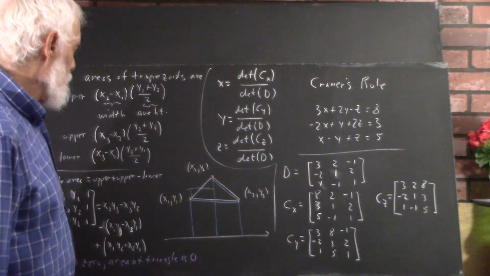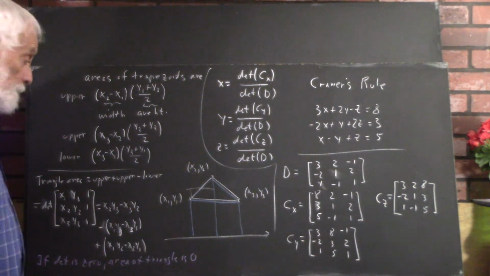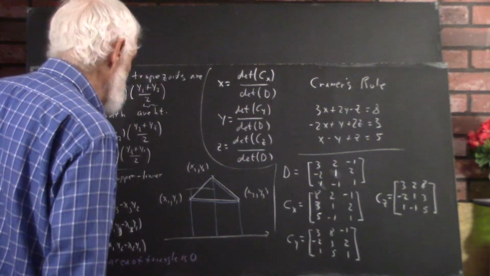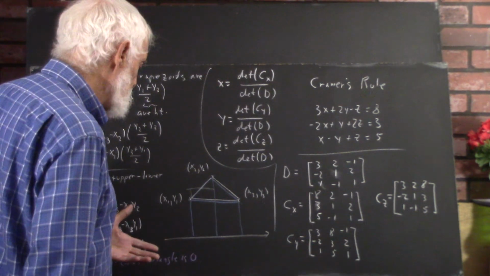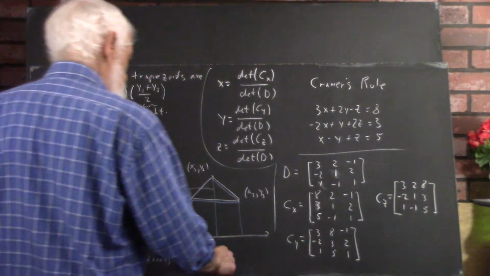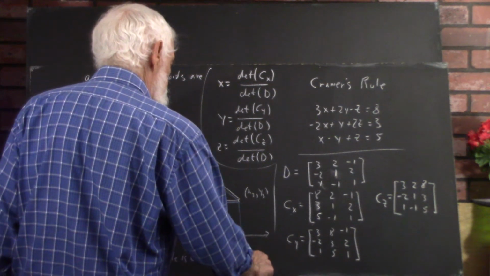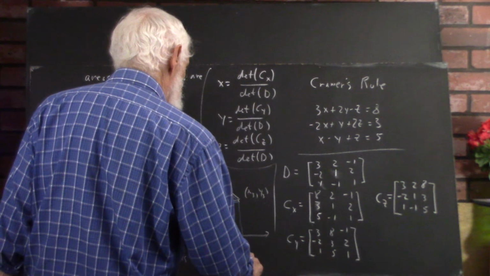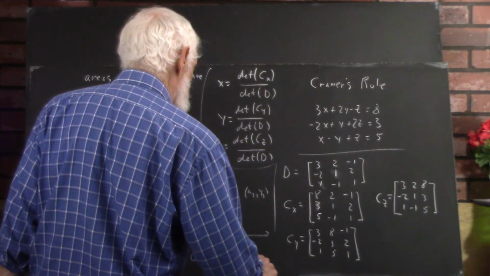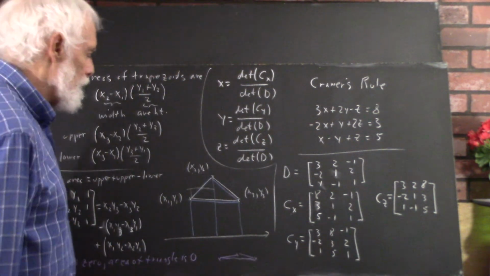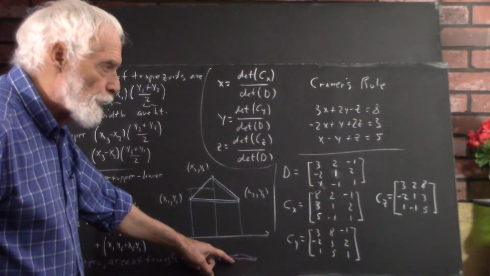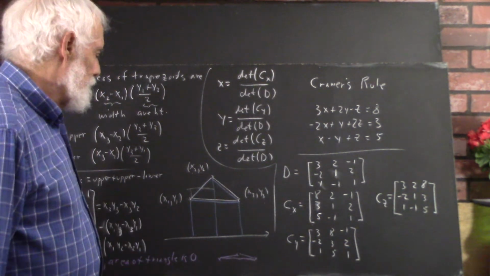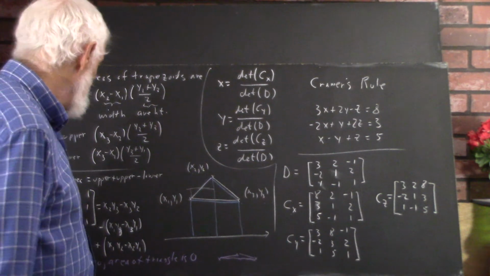Now, if this is a normal class, I'd drag it out of you what that means. But how could the area of the triangle be 0? Well, if you have 3 points that almost lie on a straight line, but not quite, you get a really small area because you got a really small altitude. As this point approaches the line, the area approaches 0.